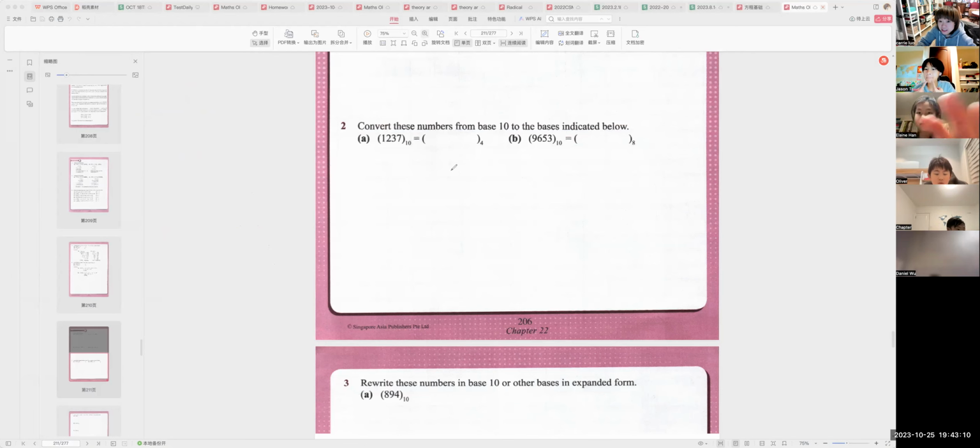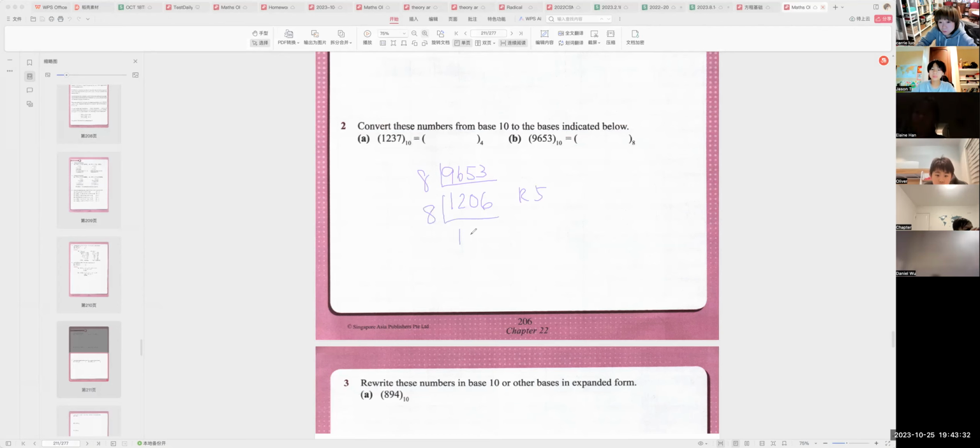Okay, so let's take a look at this one. So 9653 divided by 8. So 1, 2, 0, 6. Okay, remainder 5.